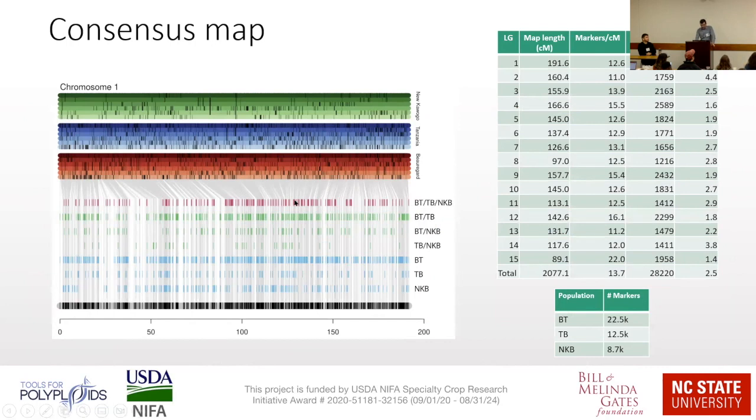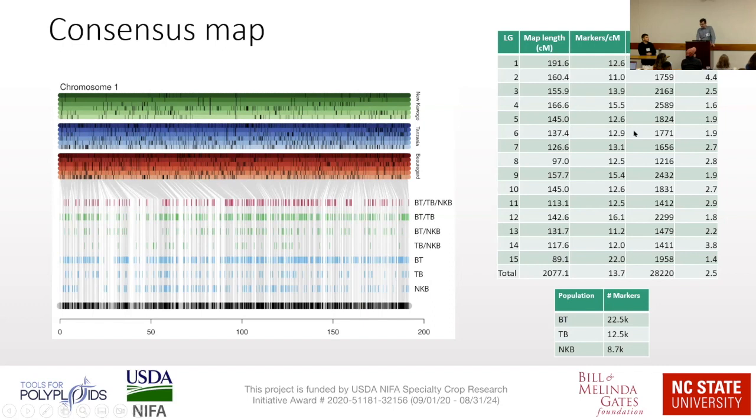Here in red, we have markers that are common among the 3 populations, markers that are common just between BT and TB, same here for TB and NKB, and here are markers that are unique for each one of those populations. So as you can see, you can combine all those markers in just one map, right?